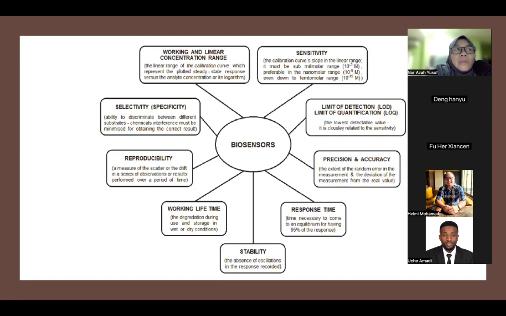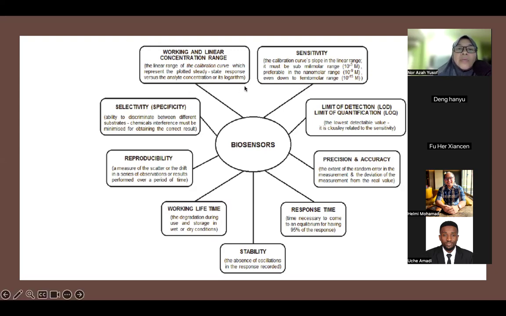So let's say you're using absorbance as the parameter in optical sensors, then there is Beer's law, meaning that the linear part can only be obtained for a certain concentration. Beyond that concentration, you will have fluctuation maybe, or you will have a nonlinear plot, which is not suitable for quantitative application of the sensor.